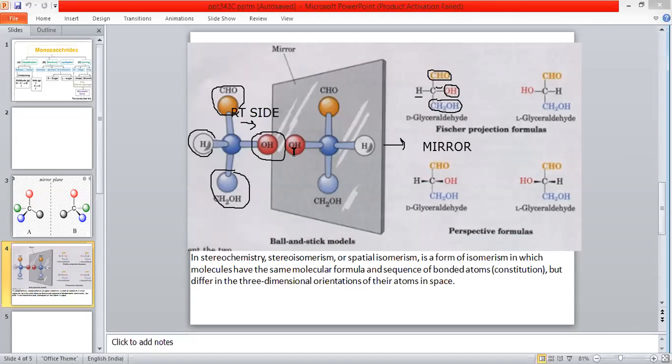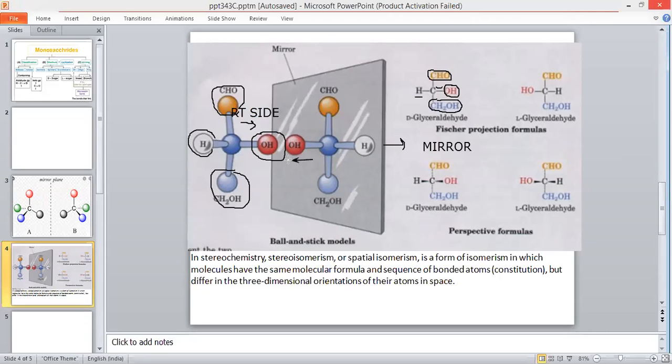But if you see its mirror image, it's showing that OH is present on the left side here, and here OH is present on the right side. So why? Because of this type of configuration.